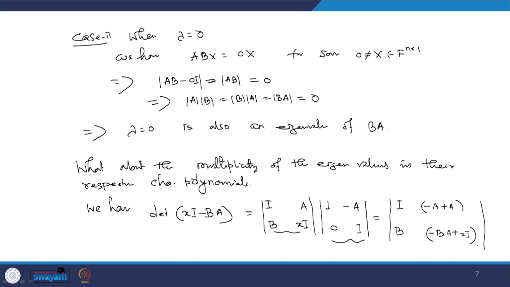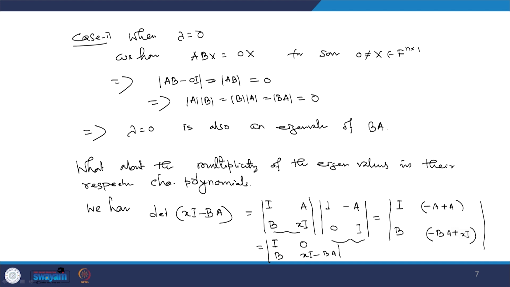This is simple matrix multiplication of the two matrices, that is all. So, finally it is equivalent to the determinant of [I, 0; B, xI minus BA].